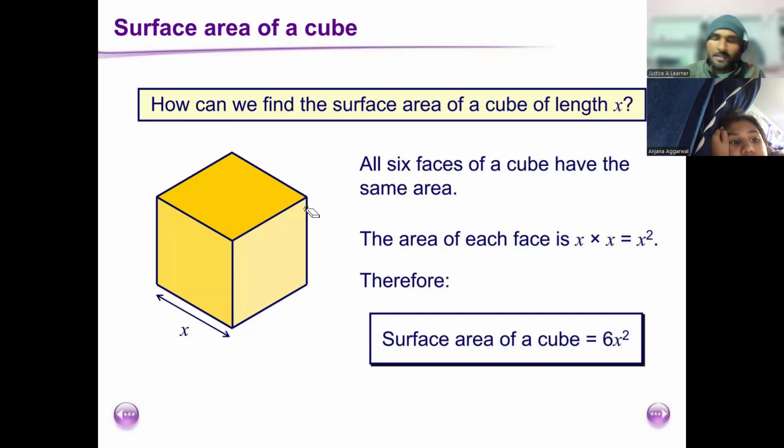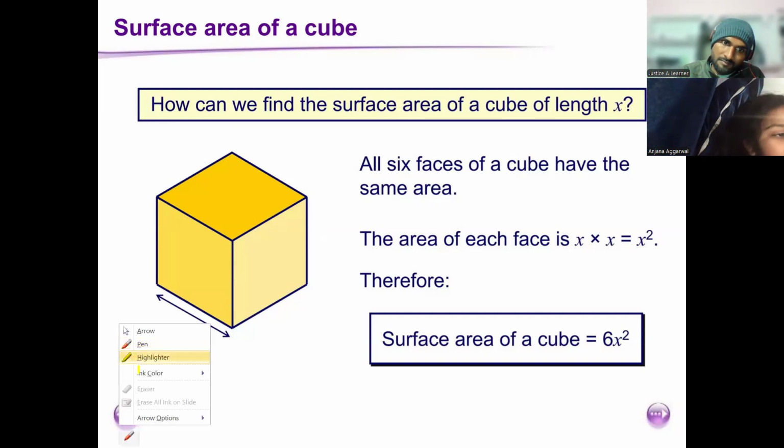Now we do not have it as 1, we have it as x. So if this is x, this would also be equal to x, all of them would be x, correct. How many would there be?